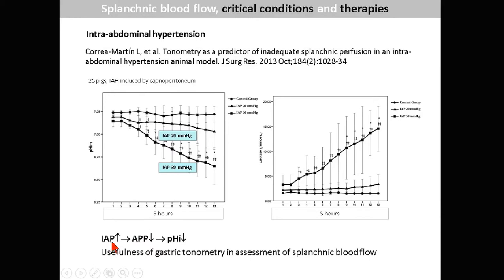So an increase in intra-abdominal pressure led to a decrease in perfusion pressure and decrease of microcirculation in the splanchnic area. This is another thing, and it was accompanied with increased systemic lactate. Of course, with the pressure of 30 for 5 hours, this is quite critical. We wouldn't see that similarly in clinical practice, but with the 20 we would.